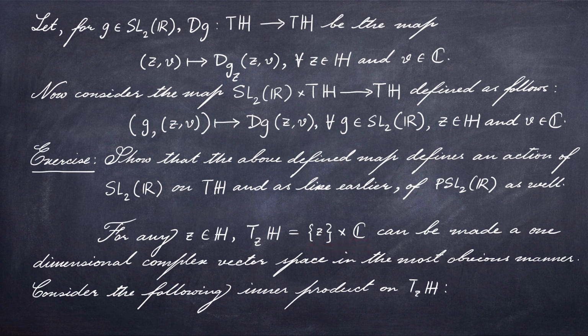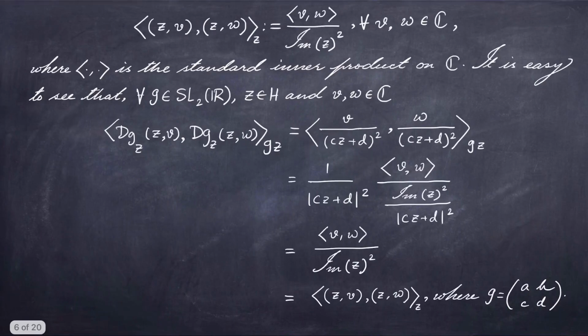We are now going to define an inner product on this tangent space at z in the following way. We denote the inner product with a subscript z, to specify, well, from the definition itself you will see why we need to specify this z here. So for each z, we are defining a new inner product on this tangent space of the upper half plane at the point z. So how is that inner product defined?